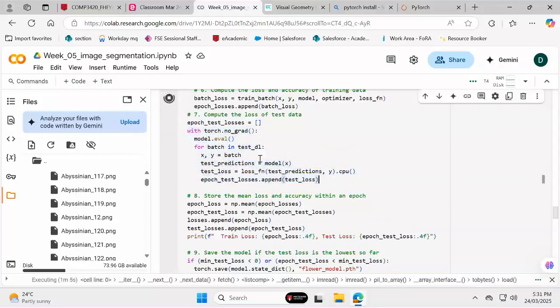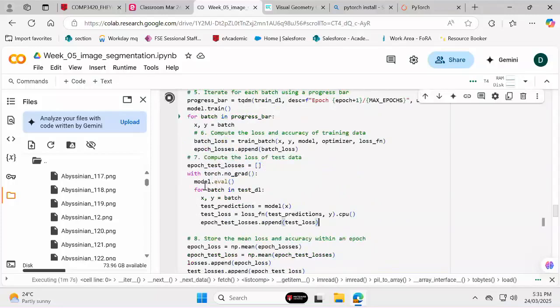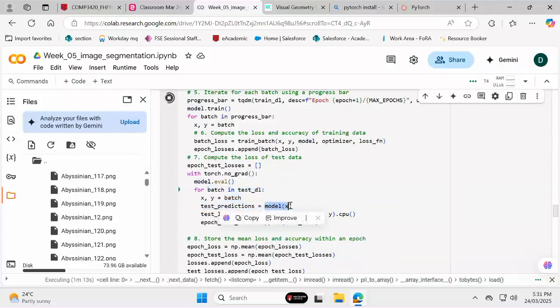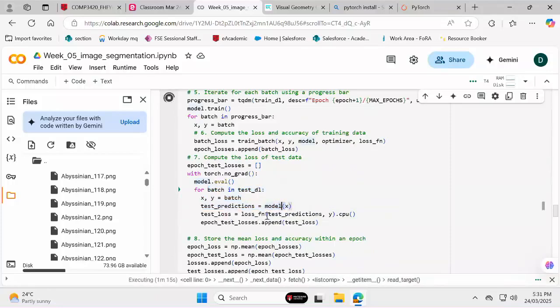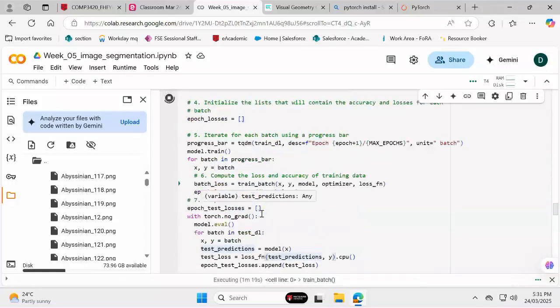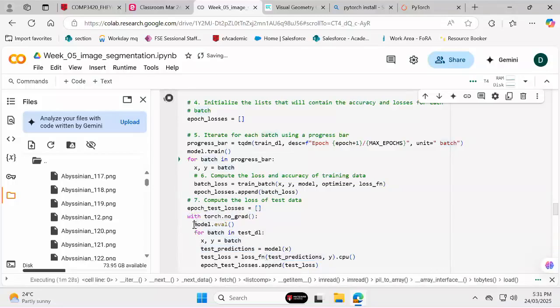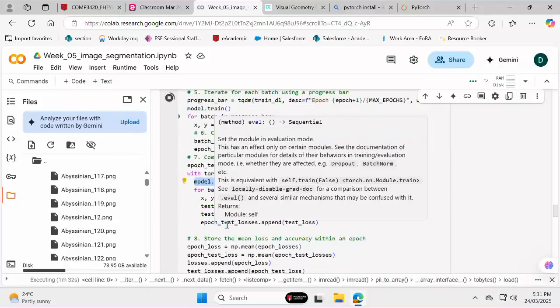To calculate the loss, for every batch, I run the model on the test data and then apply the loss function. You should not apply gradients at test time, and the model needs to be set to evaluation, not to training.